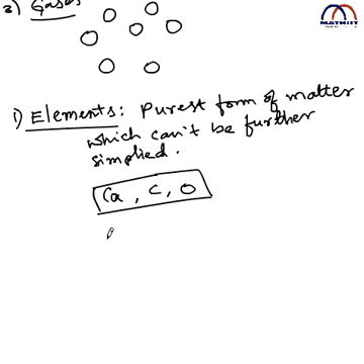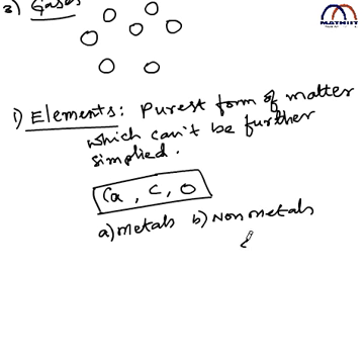Now, these elements can have different properties, and based on these properties they can be divided into metals, non-metals and metalloids.